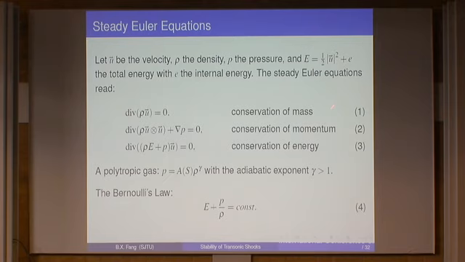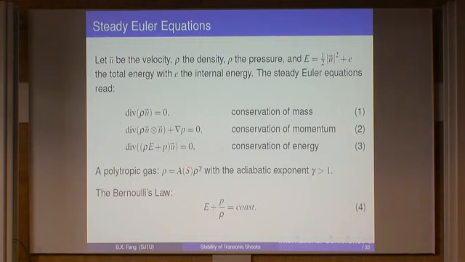In general, if we ignore the viscosity and heat conduction, the flow is described by these three equations. So it's conservation of mass, conservation of momentum, and conservation of energy. And these three equations actually indicate this Bernoulli's law holds.